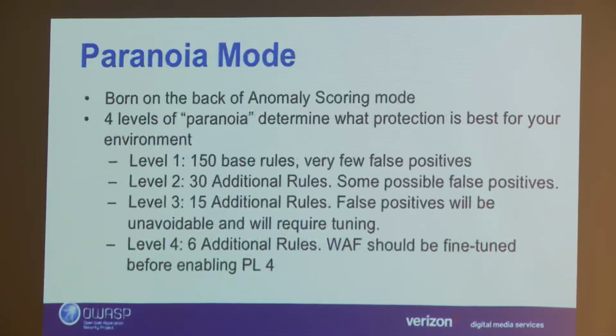So what is paranoia mode? Paranoia mode is related to anomaly scoring mode in that they have the same goal, but they work differently. With Core Rule Set 3.0, there are 4 different paranoia levels. Paranoia level 1 is meant for you to start using it and not worry about false positives.